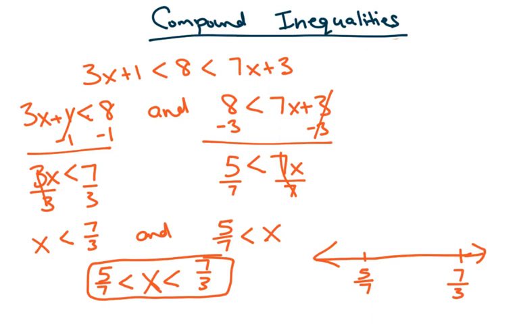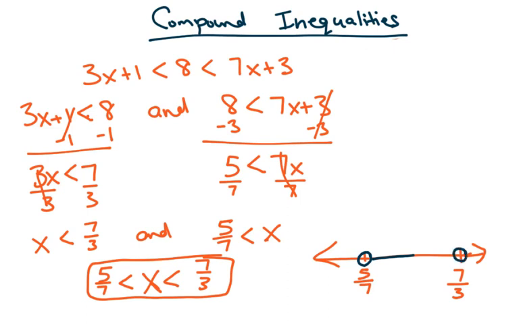In this particular number line, it says that 5/7 is less than x. The first thing I'm going to do is use an open circle over 5/7, because x cannot actually equal 5/7, but it's greater than 5/7, so my arrow goes this direction. Then I also have to take into account the 7/3. x can also not be 7/3.